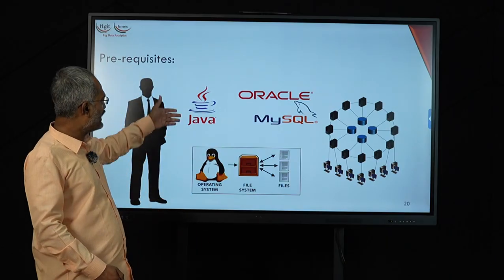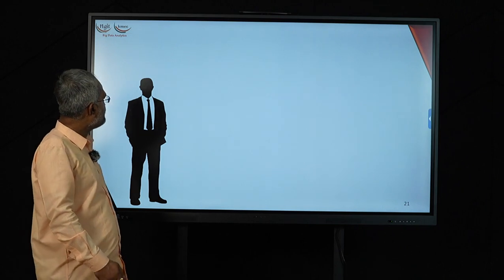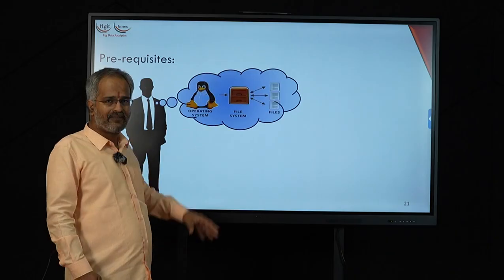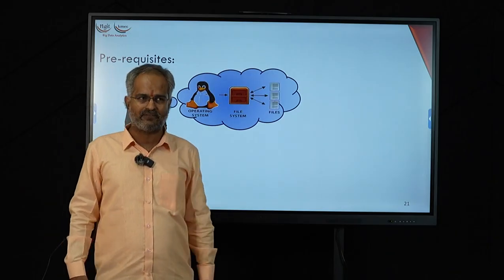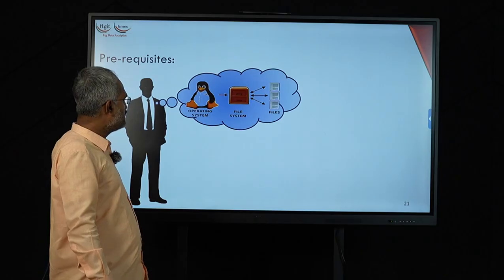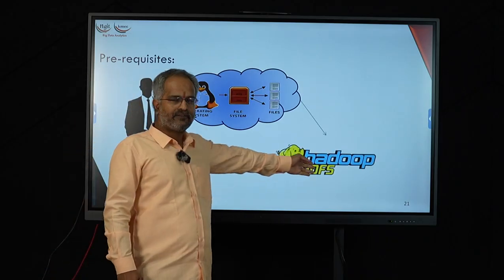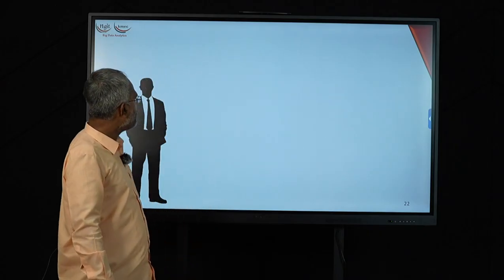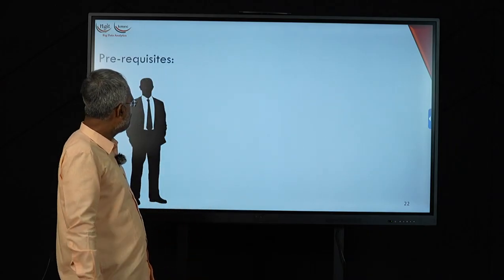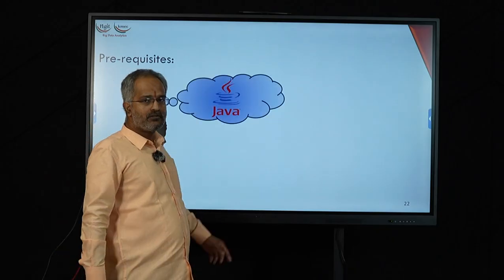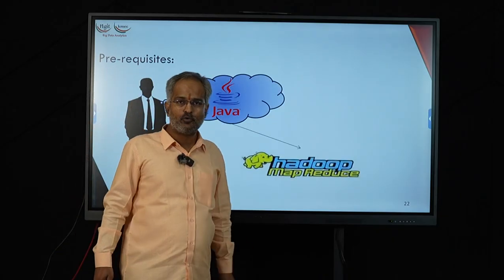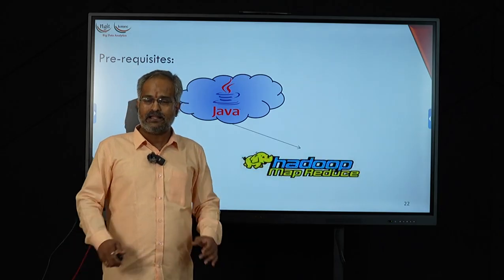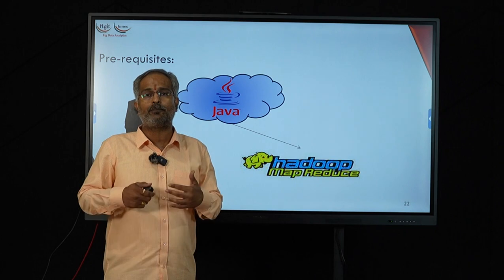Now let us go one by one. If you have skills in operating systems, like Unix, then you can play with HDFS, the Hadoop Distributed File System. And if you are good in Java, then you can enjoy the Hadoop MapReduce concept. You can develop MapReduce programs, because the entire Hadoop was developed on top of Java only.